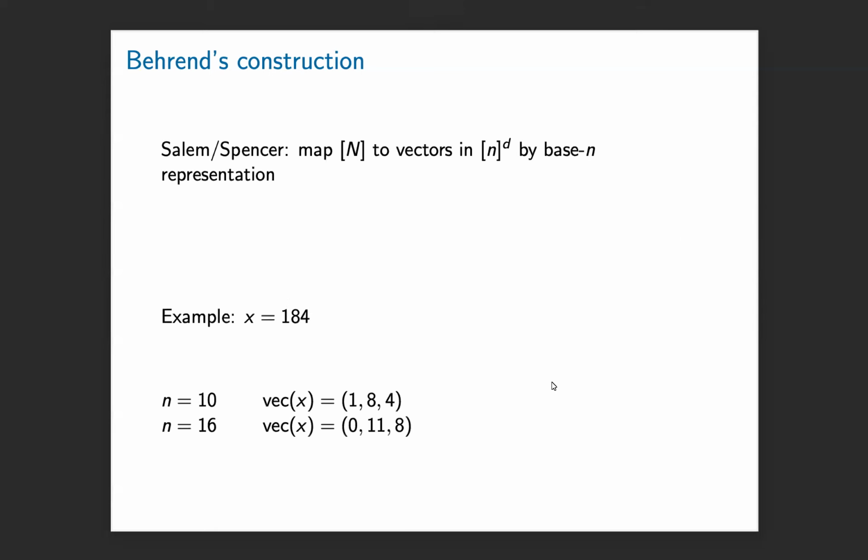Following previous work on the problem by Salem and Spencer, we're going to map our numbers to vectors in some vector space, n to the d, simply by taking the base n representation of that number. So here's an example I wrote here of 184. If our base is 10, the vector is just the base 10 representation. Similar if we have a different base.